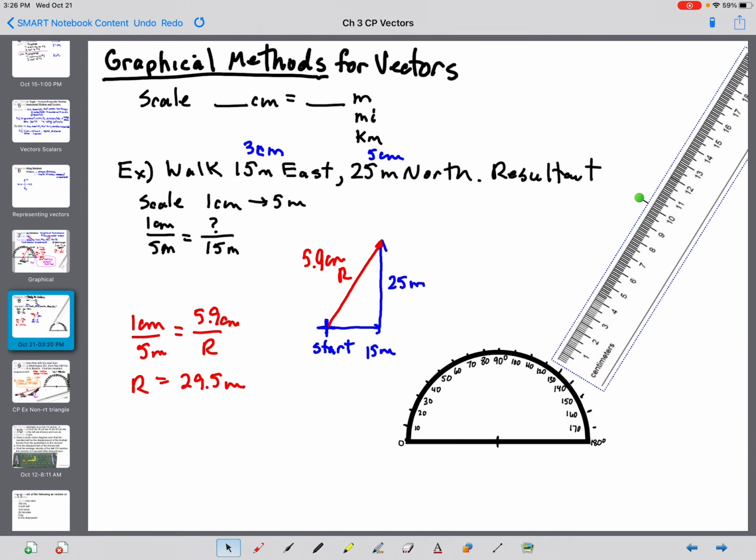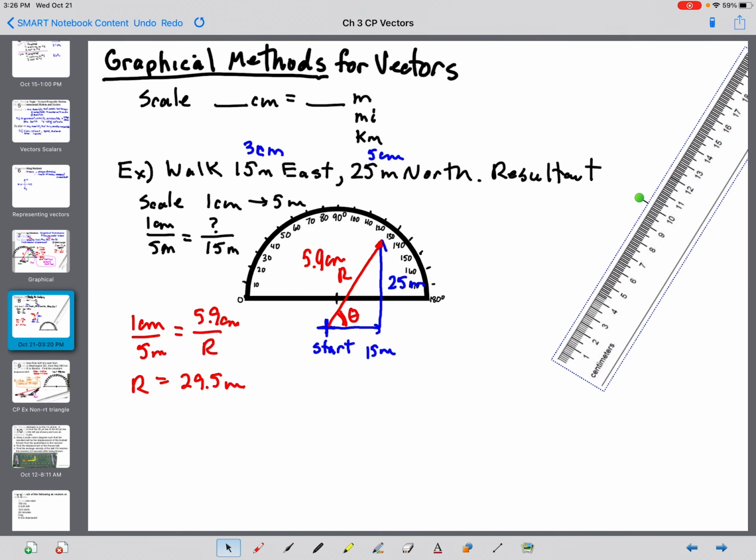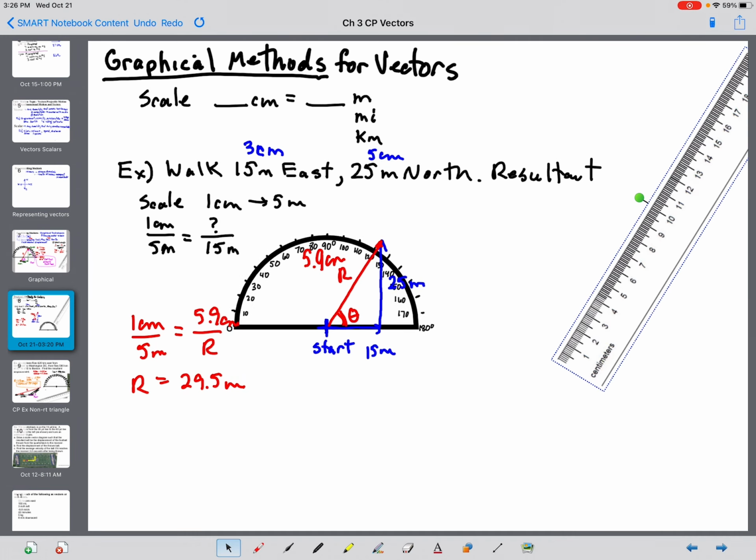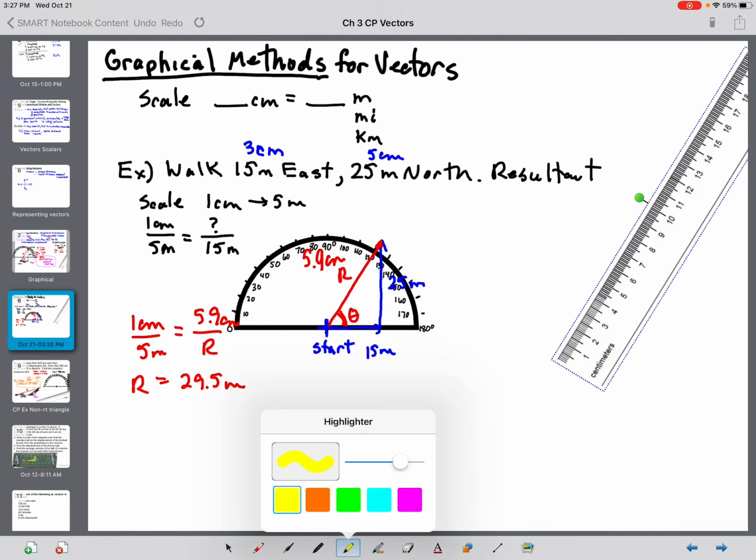Now, our resultant is a vector, and a vector has both a magnitude and a direction. So then to measure the angle, our angle would be right here from our starting point. We're going to bring the protractor over. We're going to situate it right there at the starting point and measure that angle. Typically what I'll do is pretty much ignore the numbers on the protractor, and the actual plastic protractors are a little more precise than this one.